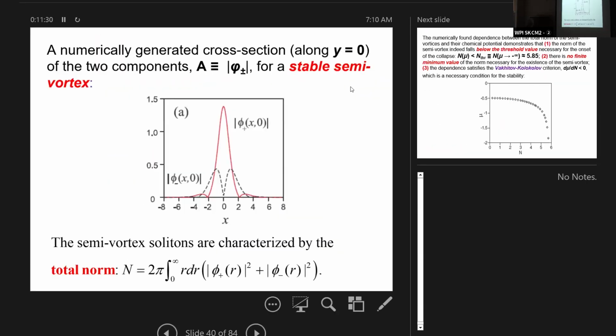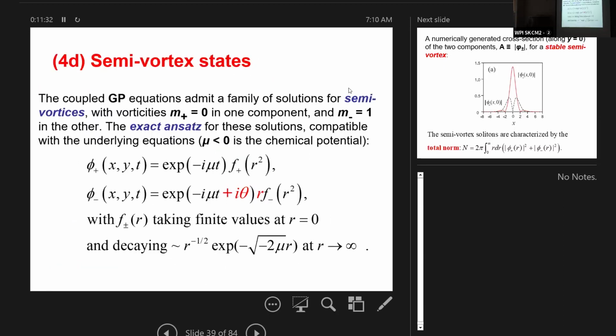Then this way one can easily solve numerically the remaining equations for this radial wave function f plus and f minus. And the solution with any negative value of the chemical potential mu will be exponentially localized, as the soliton should be. And this way one can produce a family of solitons.